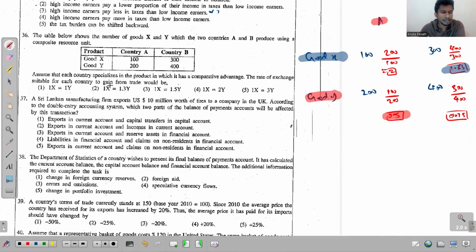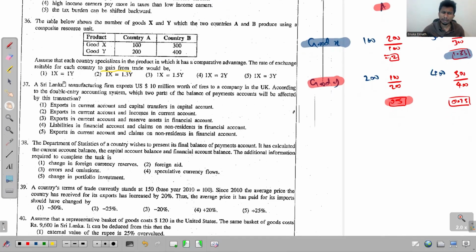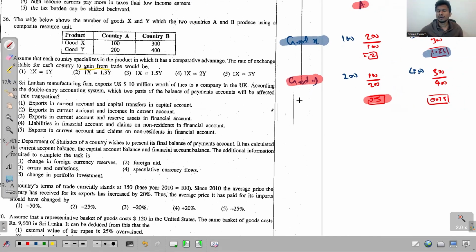You need to recognize the rate of exchange suitable for each country to gain from the trade. How do we find this? So if we do the discussion based on this good X, which country produces this good X?